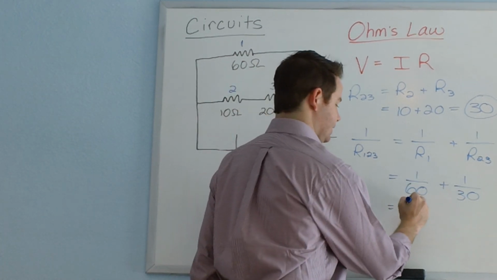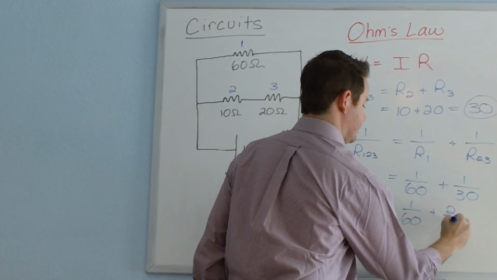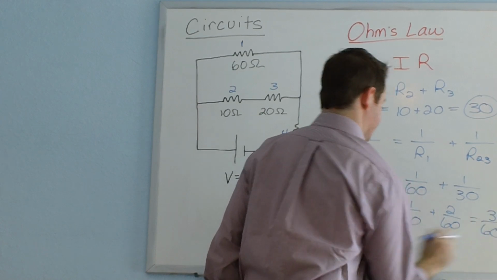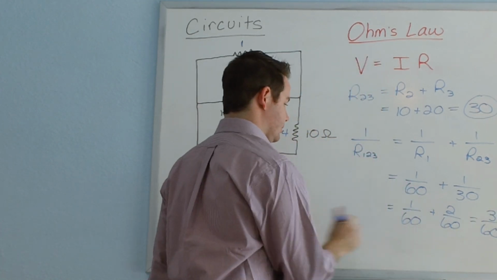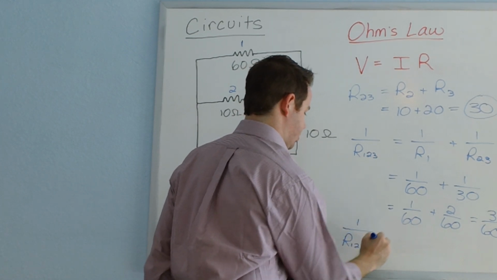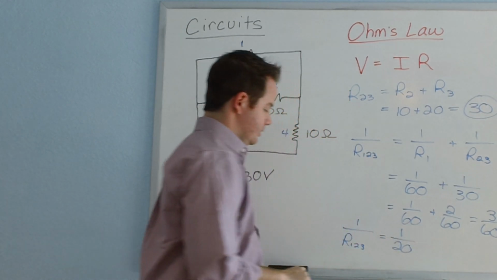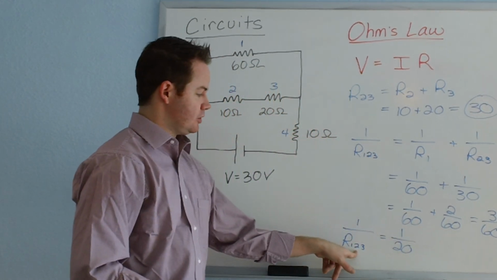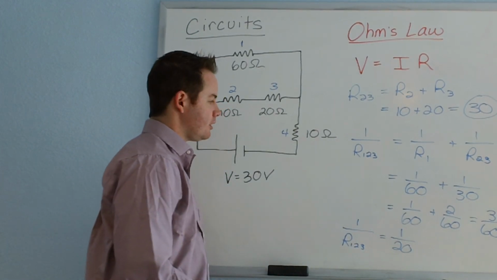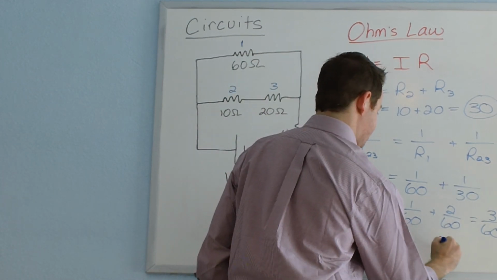And it's 1 over 60 plus 2 over 60, which is going to be equal to 3 over 60. This we can reduce to 1 over 20, which means the resistance of resistors 1, 2, and 3 is going to be equal to 20. So R1,2,3 equals 20.